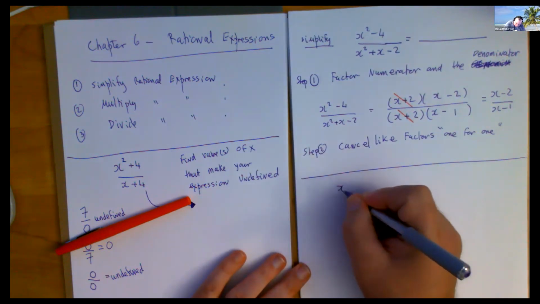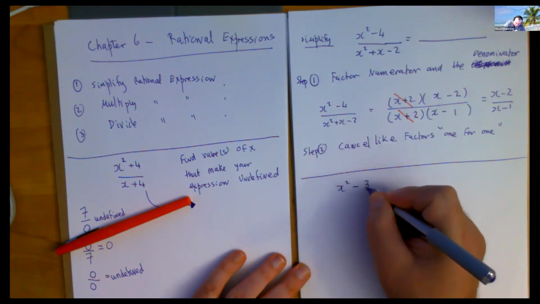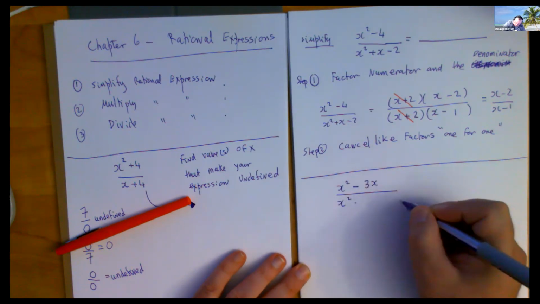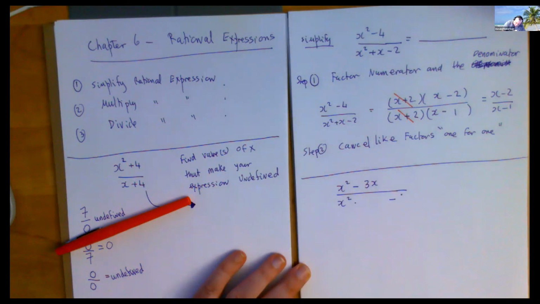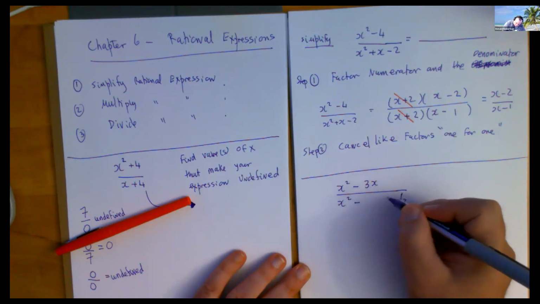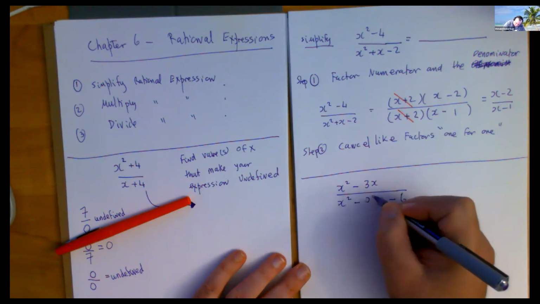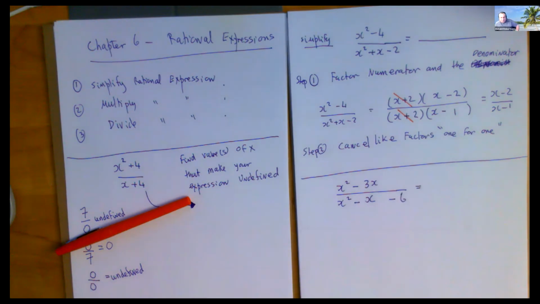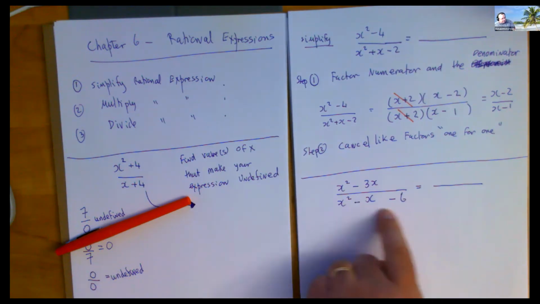Okay, let's look at this one. I have x squared minus 3x on the top, and I have another one of those quadratics on the bottom.